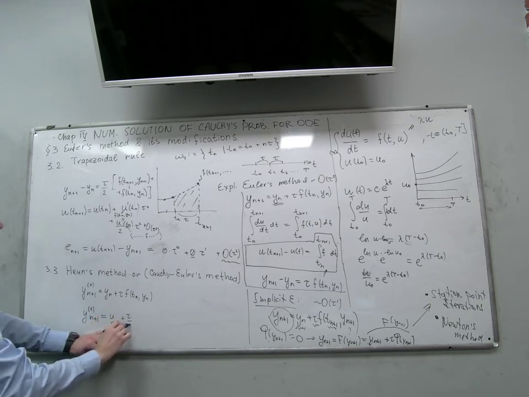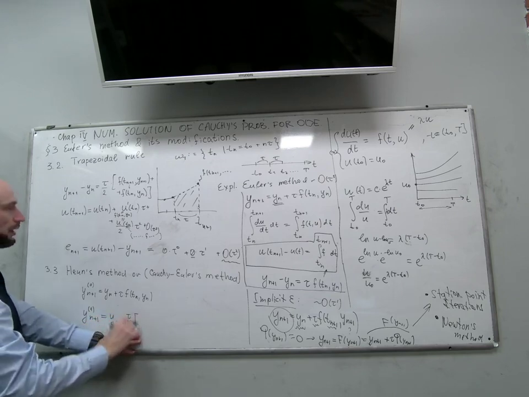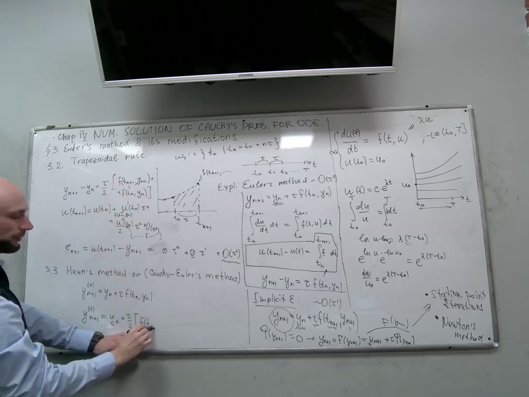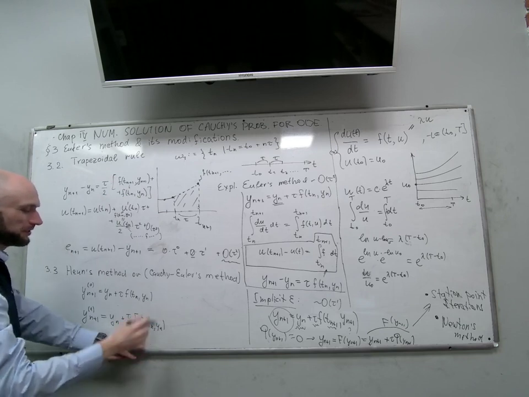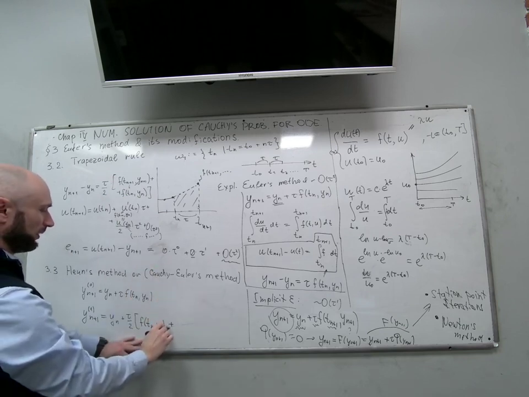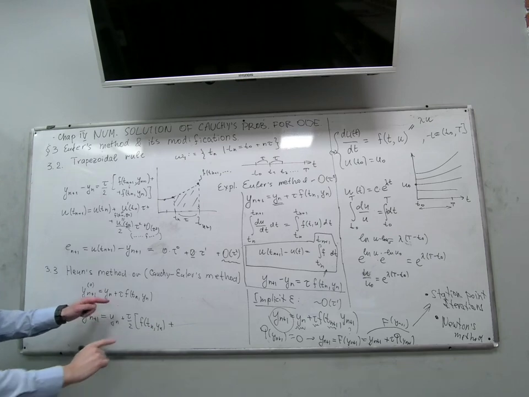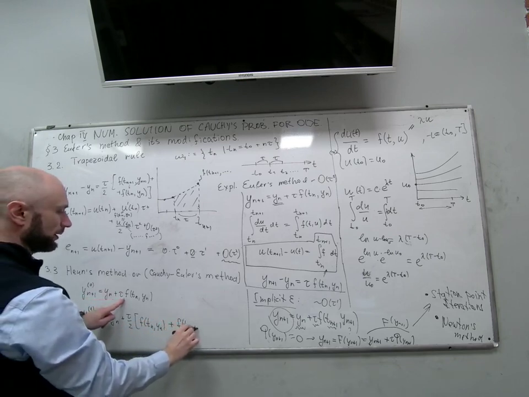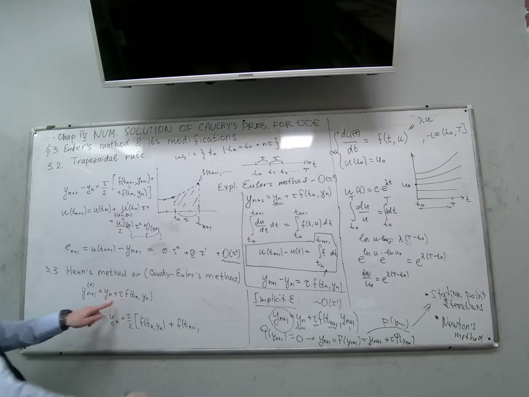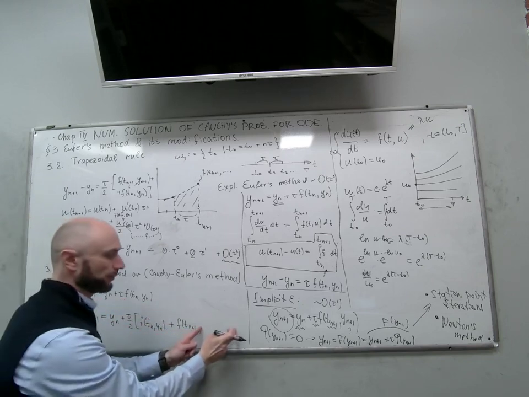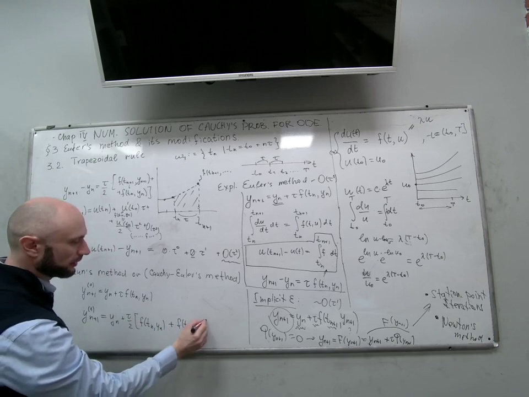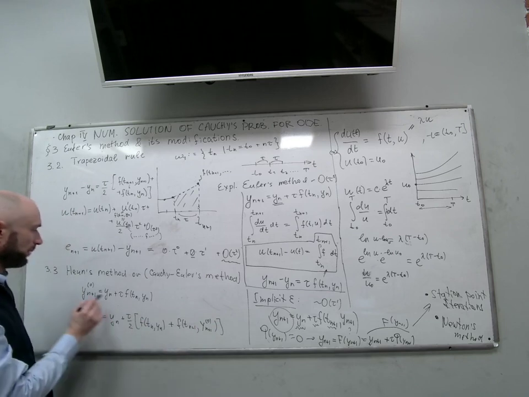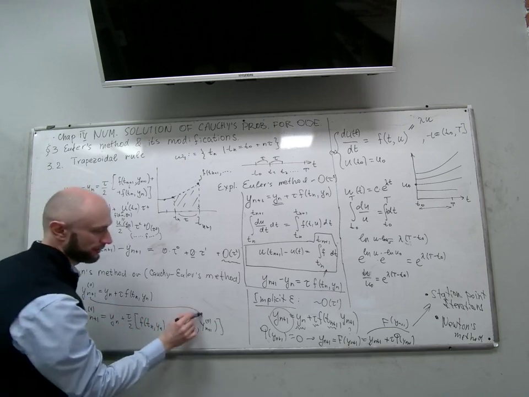Plus tau by 2. I will write them in inverse order to make it more typical. Plus f of Tn plus 1, comma, and we just substitute this whole formula here. I can write it like this, but what people do is they actually substitute it here.